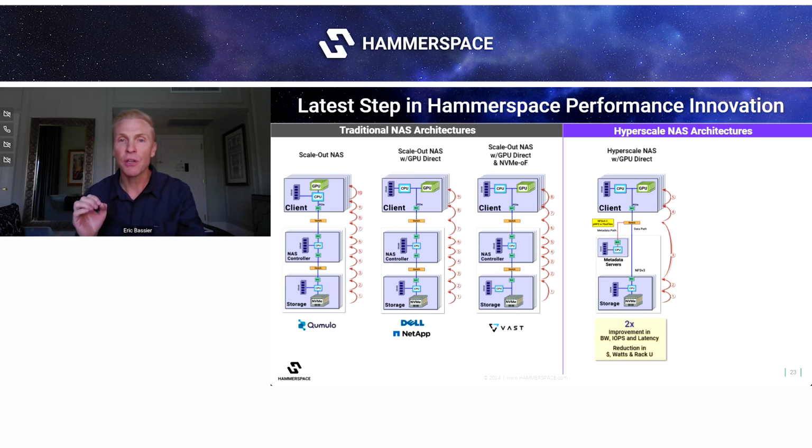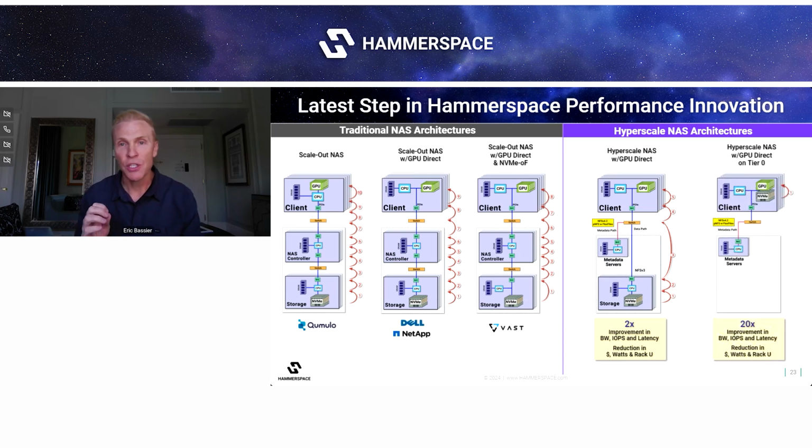Now, this tier 0 architecture is just the next step or iteration in hyperscale NAS. It's fundamentally the same architecture. It leverages the standards-based parallel file system construct that we put in place. The client servers or the GPU servers connect to our metadata server.